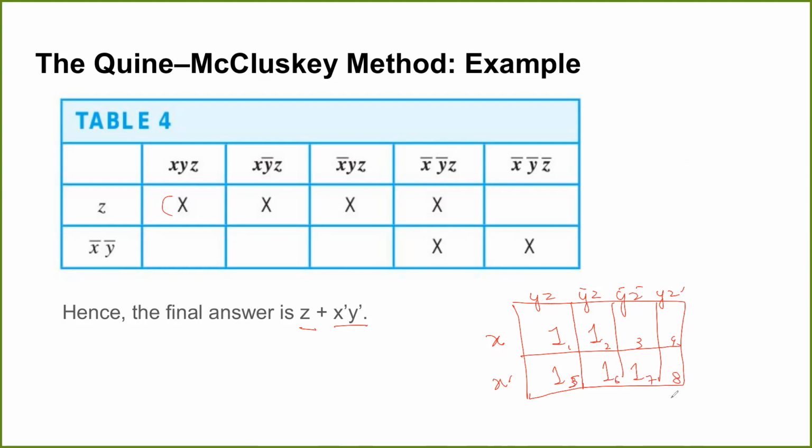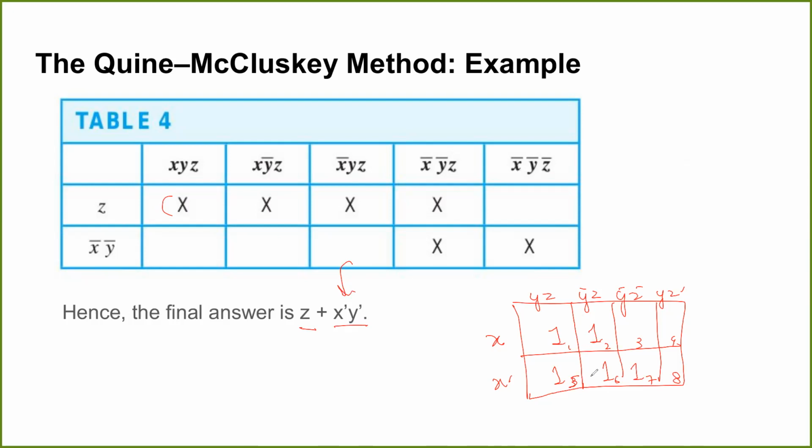Tell me, if I do a Karnaugh map for these three variable functions, what are the groupings I can do? Yes, class, tell me. I just want to verify that the Quine-McCluskey method gave me the correct answer.